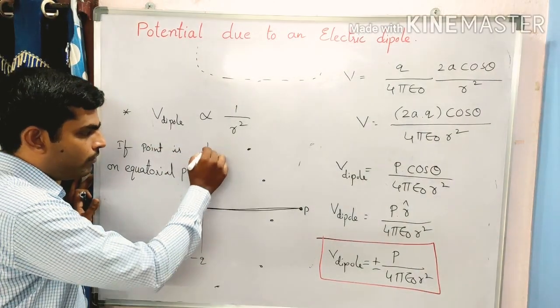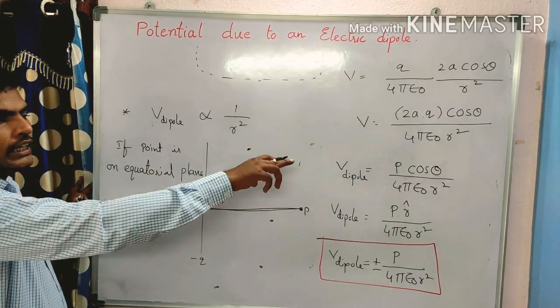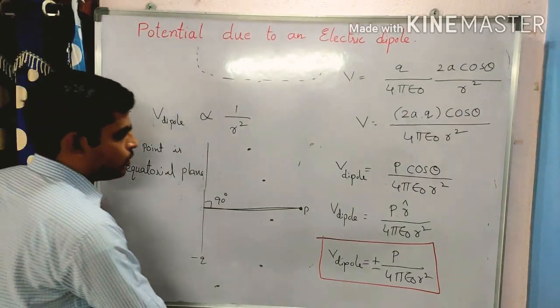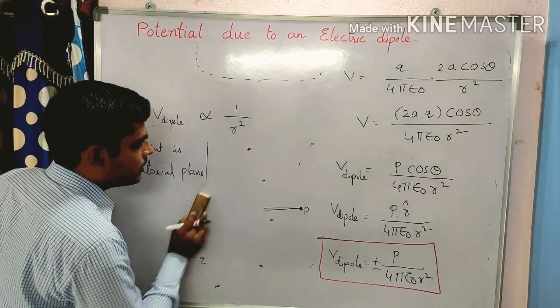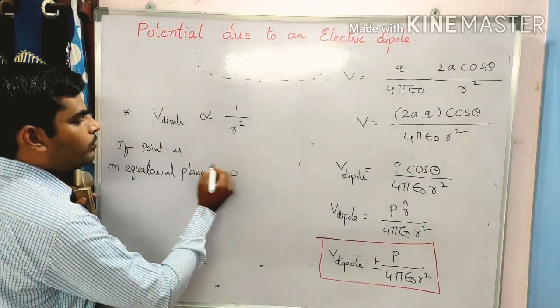At the equatorial plane, this is 90 degrees, right? When it is 90 degrees, cos 90 degrees is 0. So the electric potential on the equatorial plane is 0.